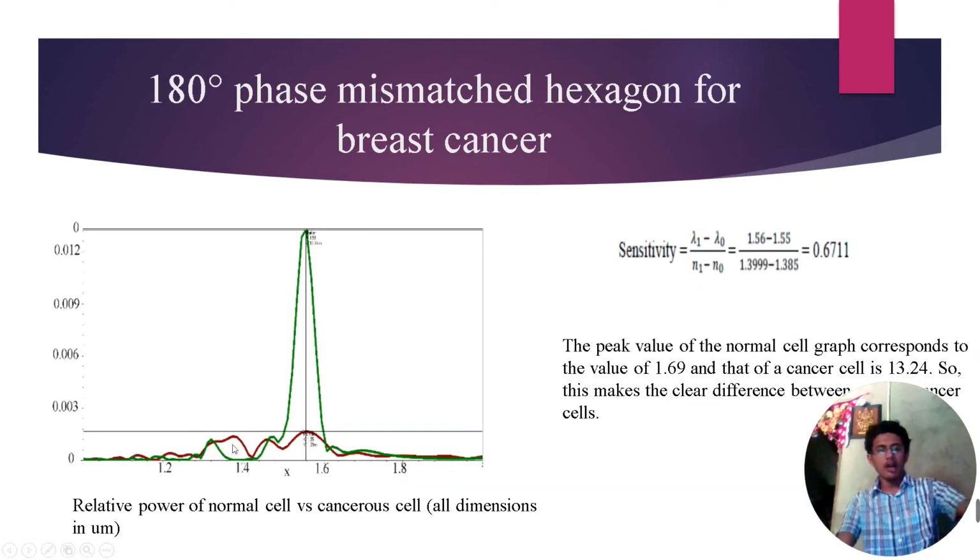When we plot the graph of relative power of normal cell versus cancerous cell, we can see that the peak value of the normal cell graph corresponds to 1.69, and that of the cancer cell is 13.24. This makes a clear difference between the normal cell and the cancerous cell. The sensitivity of the 180-degree phase mismatched hexagon for breast cancer is found to be 0.6711.